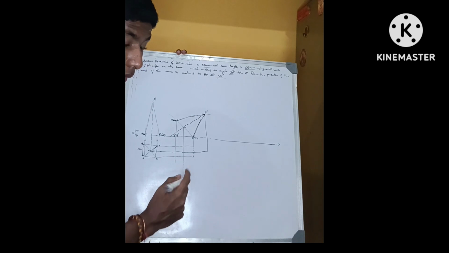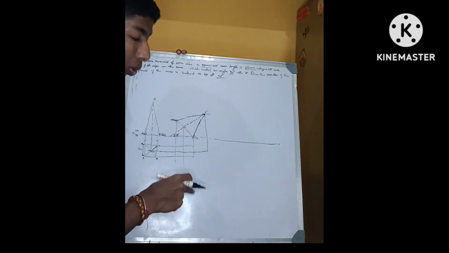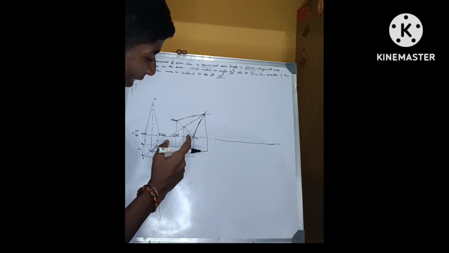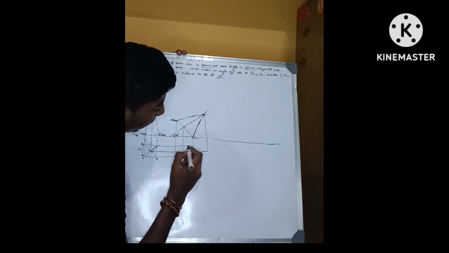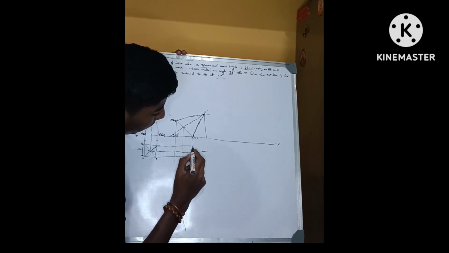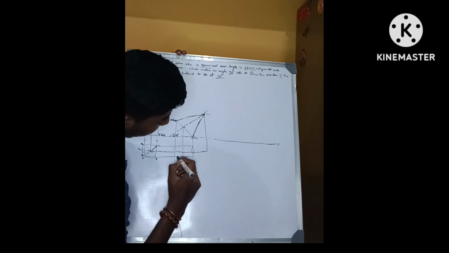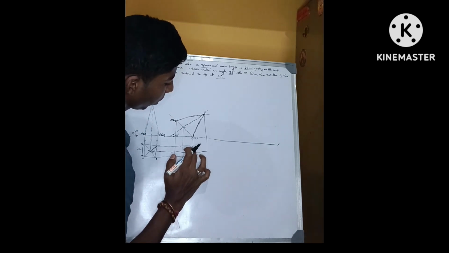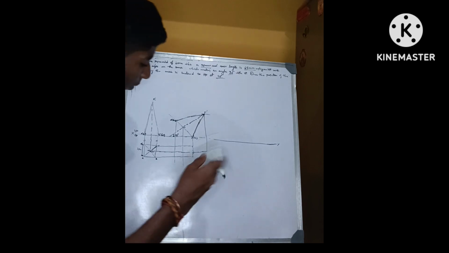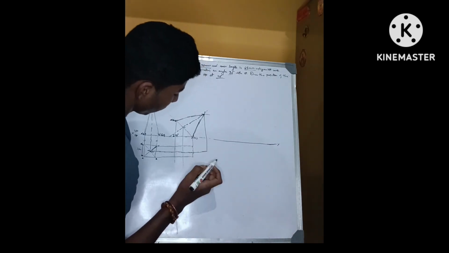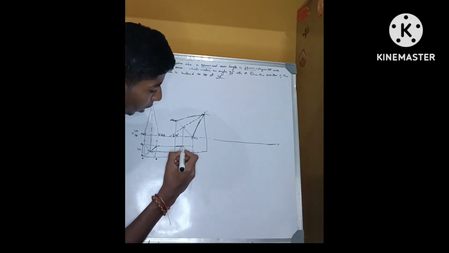Now, we have got a square. I am drawing a rough sketch, so I am getting a sort of rectangle here, but you will get a square. So here, the visible region, you make it thick.